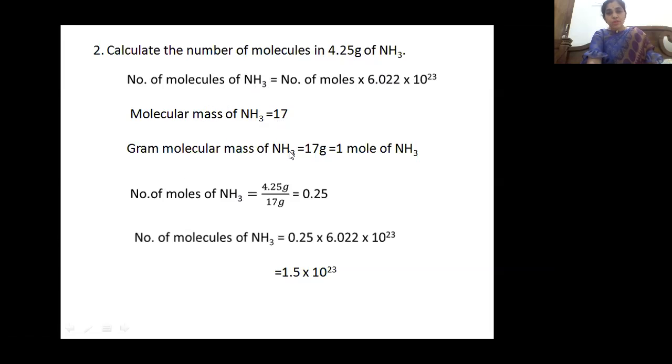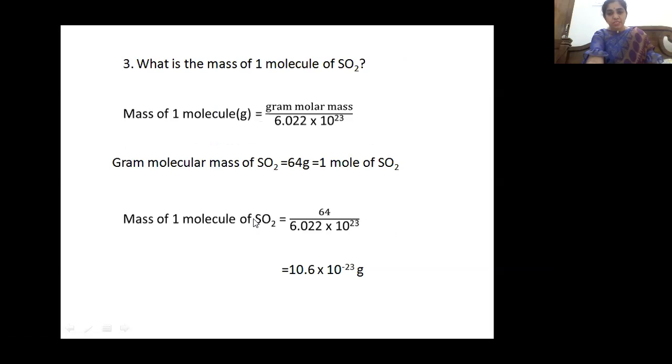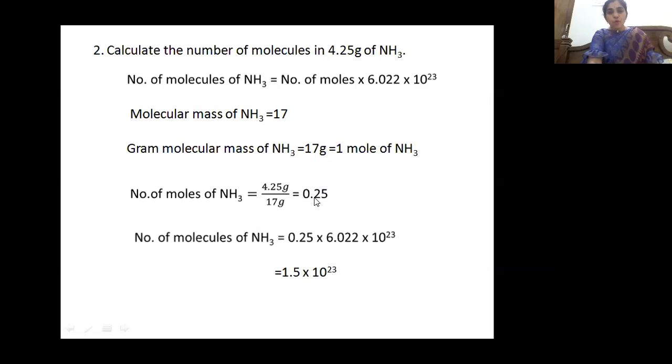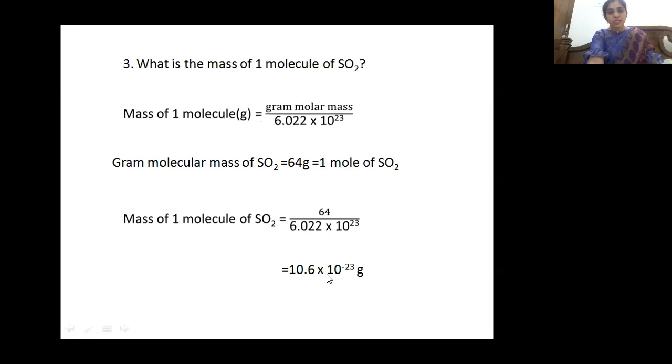So gram molecular mass of ammonia is 17 gram, which in turn is equivalent to 1 mole of ammonia. Therefore, number of moles of ammonia is 4.25 gram by 17, we get 0.25. Therefore, number of molecules of ammonia is 0.25 into 6.022 into 10 to the power 23, which is equal to 1.5 into 10 to the power 23.